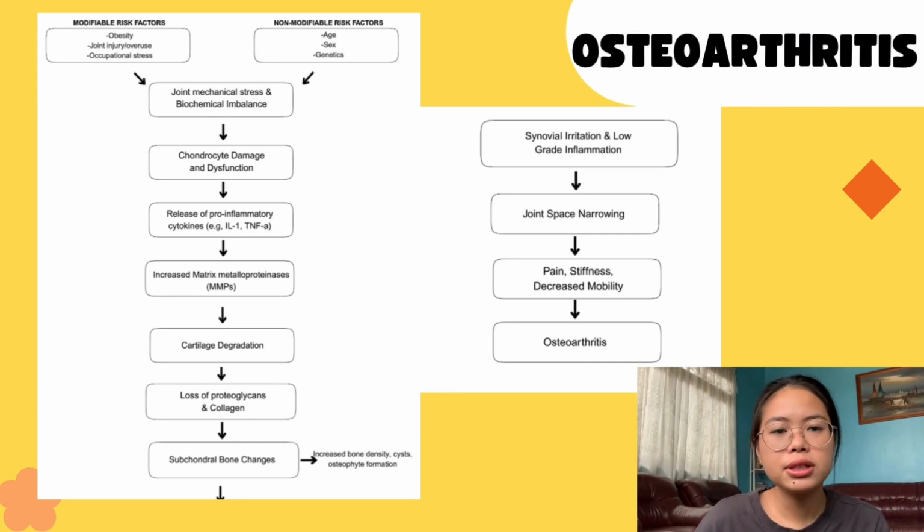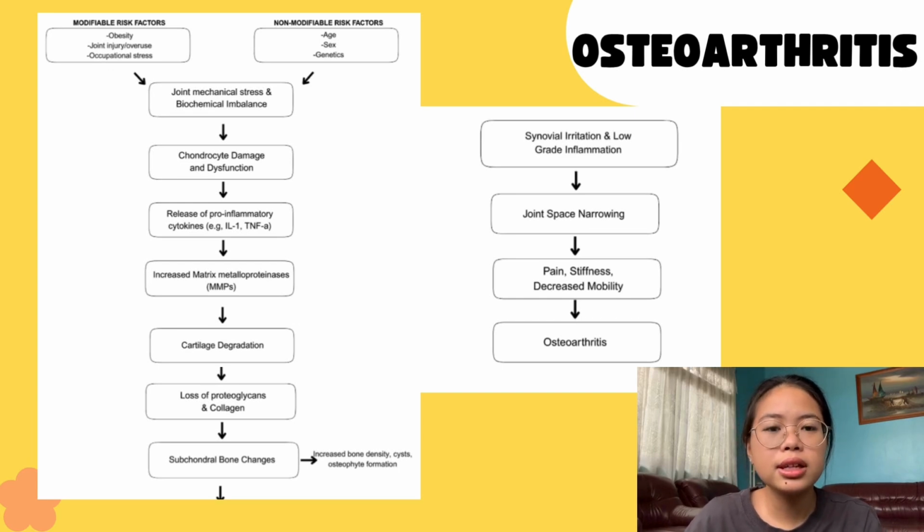For the pathophysiology of osteoarthritis, osteoarthritis is a degenerative joint disease influenced by both modifiable risk factors like obesity, lack of physical activity, hypertension, and overuse of painkillers, and non-modifiable risk factors such as gender, sex, and genetics.